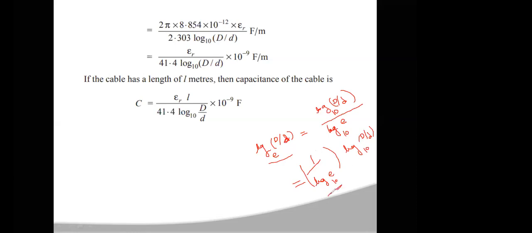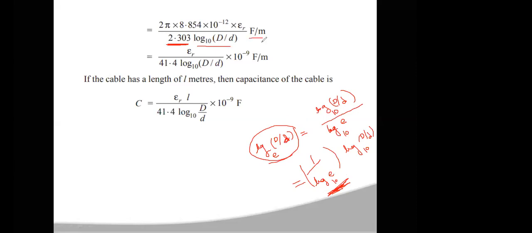If you calculate this value, you will get 2.303. So in place of this, you can write 2.303 into log capital D by small d to the base 10. This is in farads per meter.